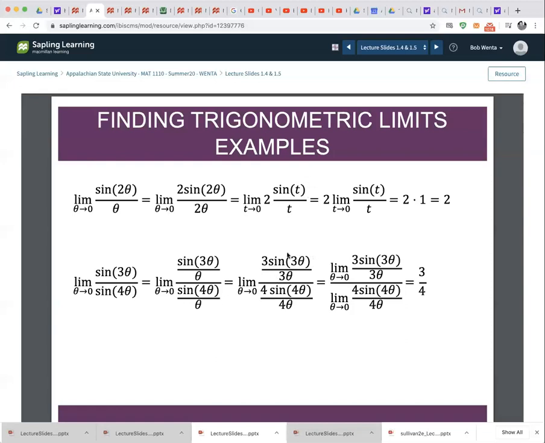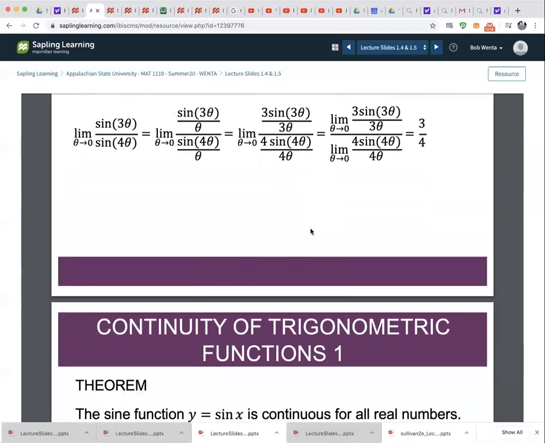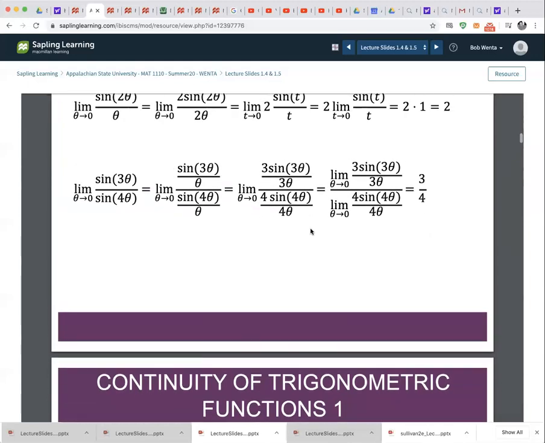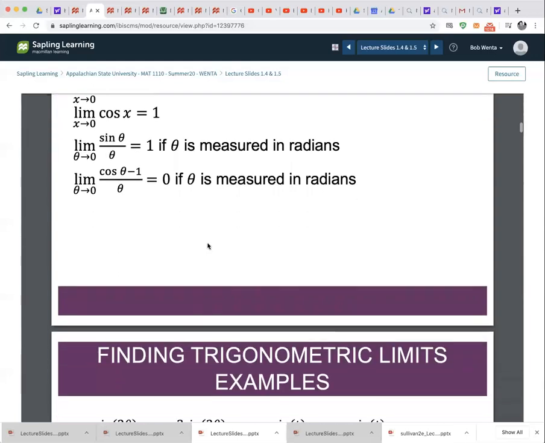Therefore, this is 1 and this is 3. So it's going to be 3 out front times 1 over 4 out front times 1. You bring the 3 down and bring the 4 down, and you end up with 3 times 1 over 4 times 1 gives you 3 over 4. All right, so that was a little dance of some sort that you need to manipulate in order to utilize that rule that the limit as theta goes to 0 of sine of theta over theta equals 1.